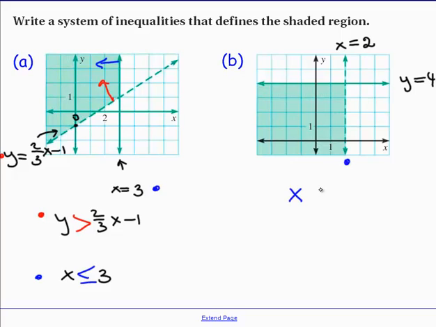So x is to the left of 2 because we chose everything smaller than 2, and the line is dashed, so we didn't have to include the equal sign. And then for this one we have y, and it's below the 4, so we chose everything smaller than 4, and the line is solid, so we do need the equal sign. So this is going to be our system.